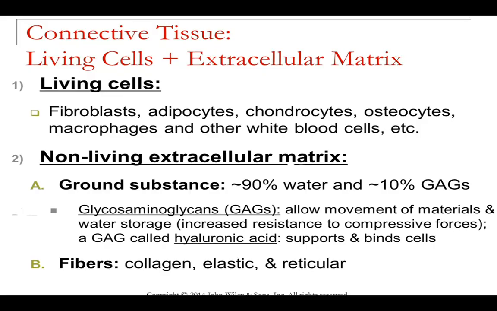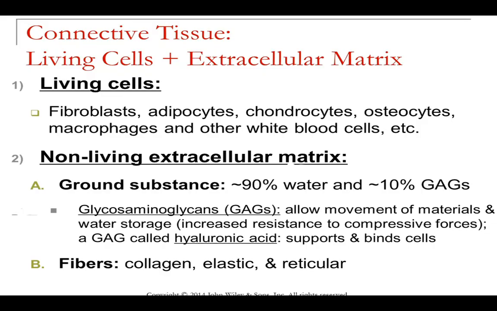Their correct term is lacunae, but I think a pool is more fun. I'm visualizing a pool with just a bunch of little cells floating around. Anyways, osteocytes, these are the mature cells of bone. And yes, bone is considered connective tissue.